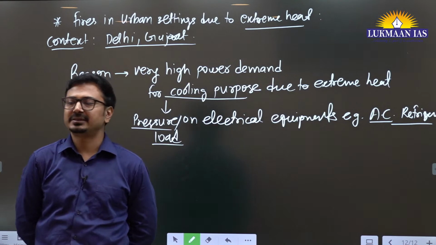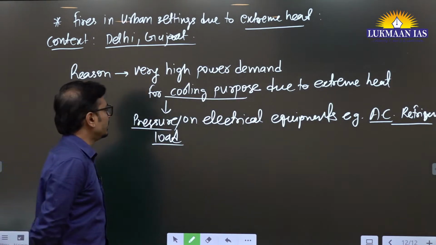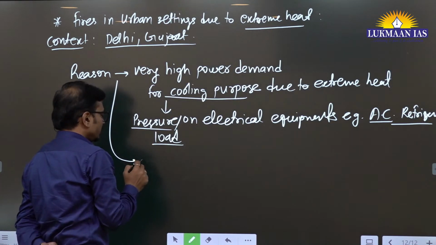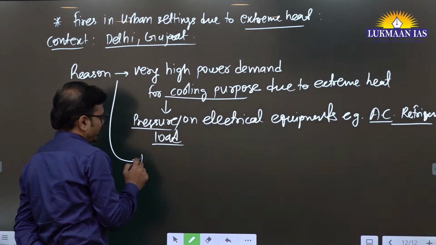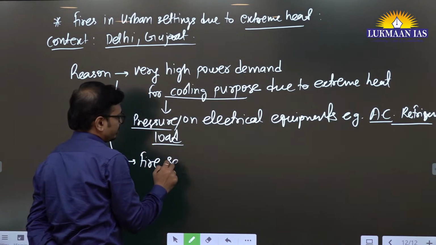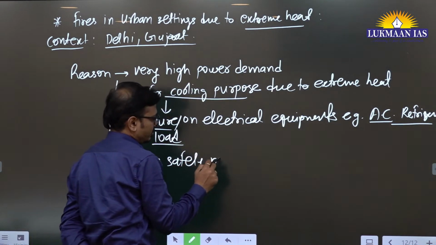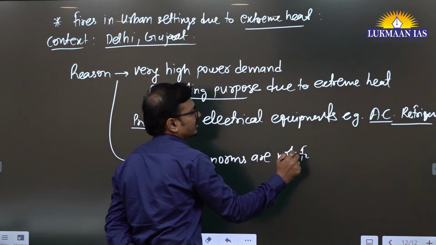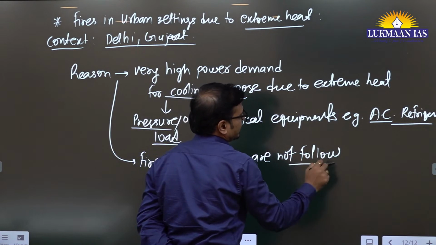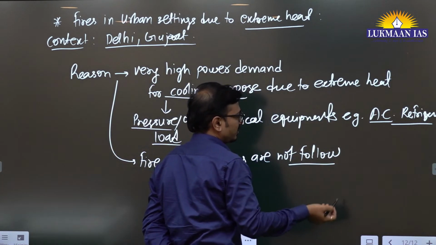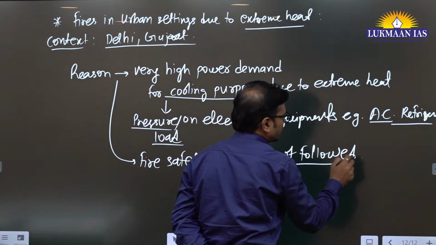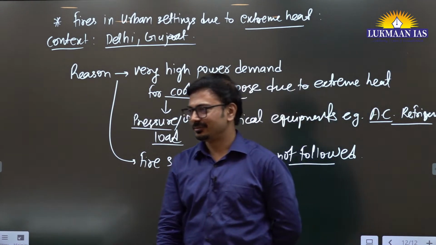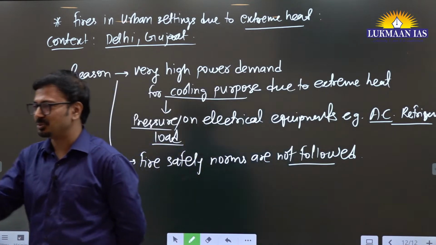तो इसकी वजह से क्या हो रहा है? And the other reason is that we don't have, we can say, fire safety norms are not followed. That means even if there is, let's say, a spark, or we can say a short circuit, there should be this fire extinguisher, no, which can easily extinguish the small fire.